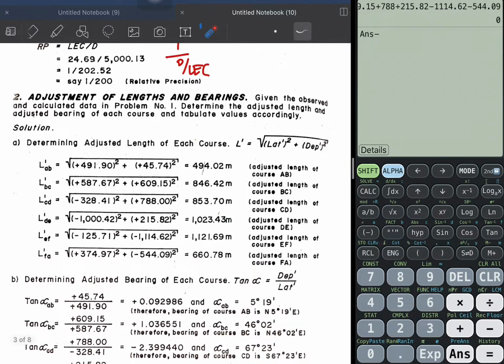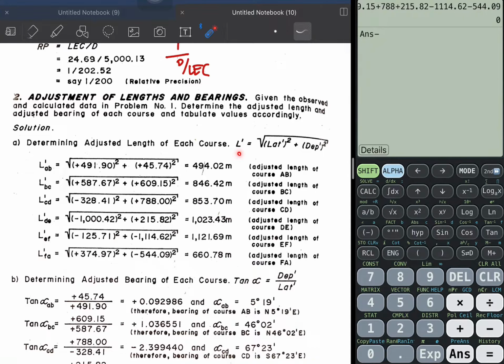And then for this problem 2, you are to solve for the adjusted length. So you already have your adjusted latitude and departure. So now let's go back to the lengths and the bearing or the angles. You can solve for the adjusted length.